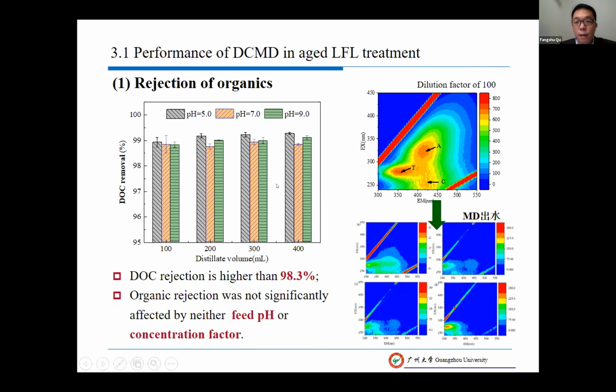We also used the fluorescence spectrometer to evaluate the organic removal. The fluorescence intensity of the distillate is less than 0.3% of that in feed water. Hence, we can find that MD is very efficient in removing the organics in the landfill leachate.